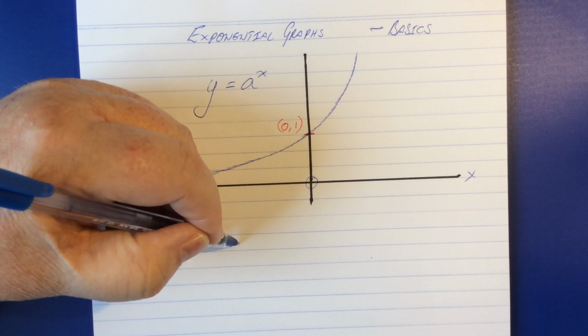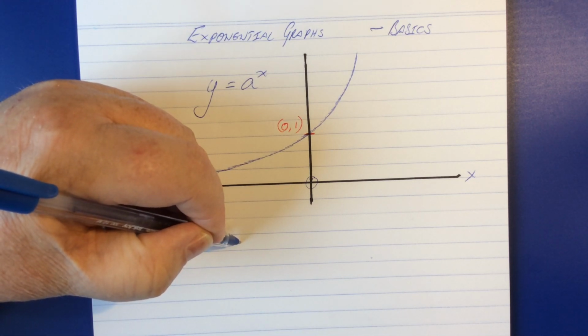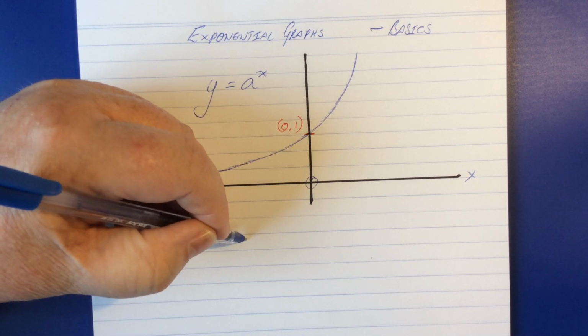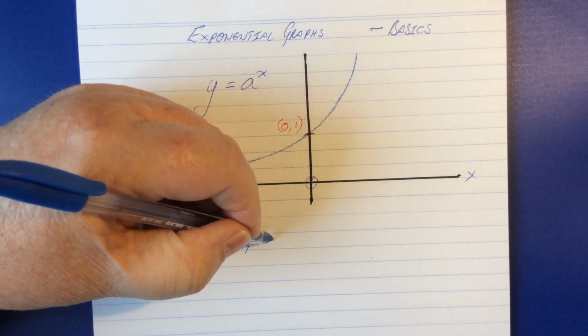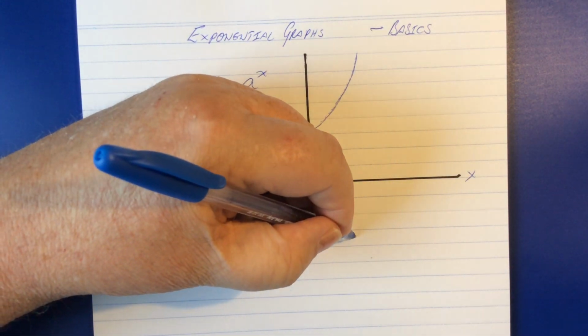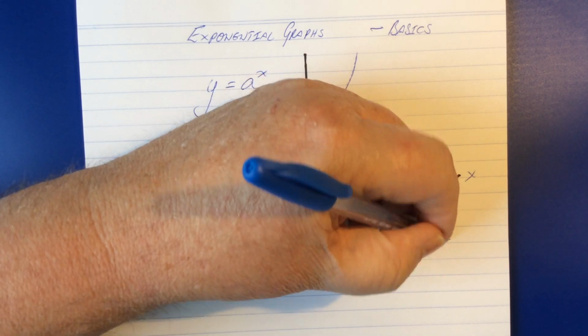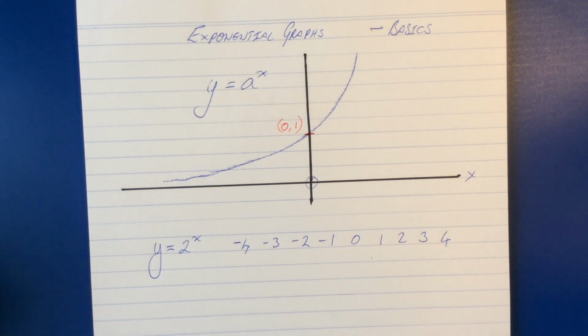And we'll start at negative 4, negative 3, negative 2, negative 1, 0, 1, 2, 3, 4. This may take you back to earlier times at high school.